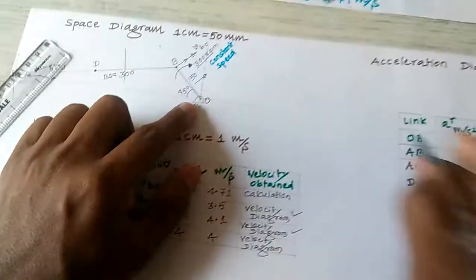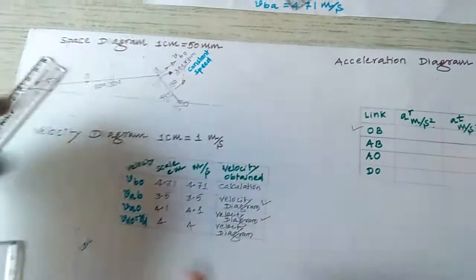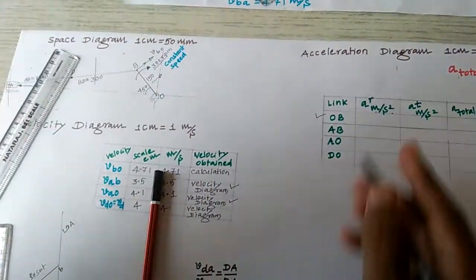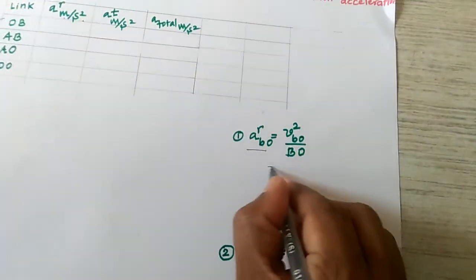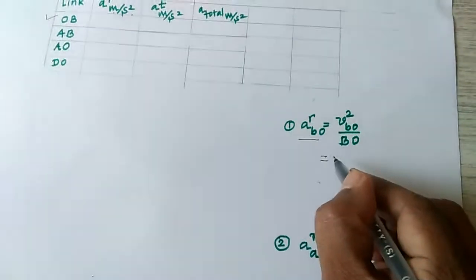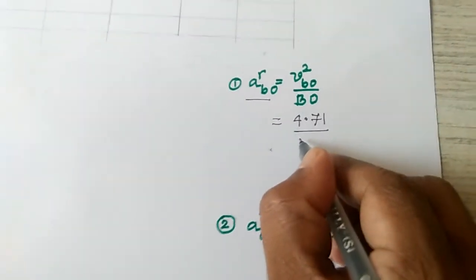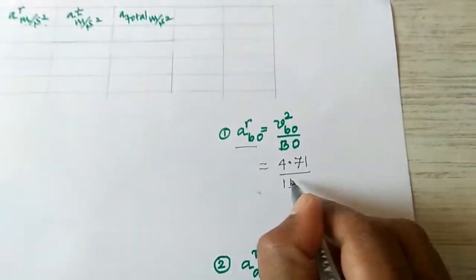I will go for the link OB. For the OB, I will first find the radial acceleration. How do we find it? The velocity of BO is given as 4.7, which you got from the velocity diagram, divided by the BO distance, which is 150.